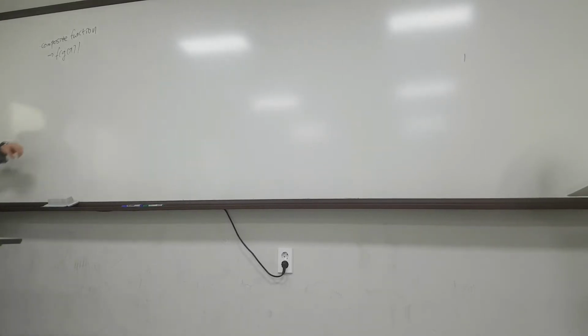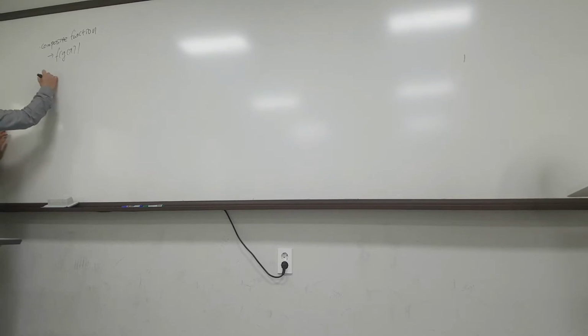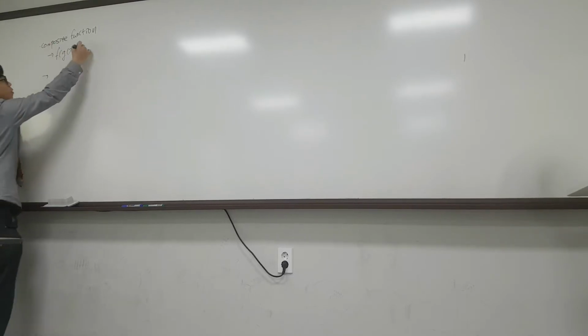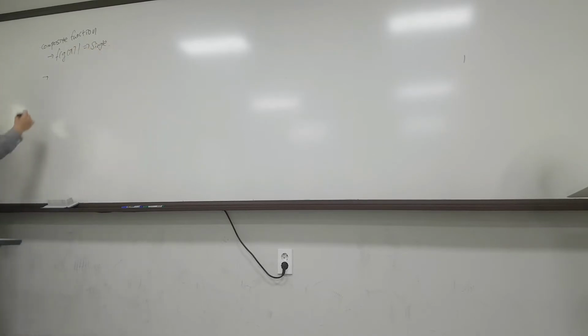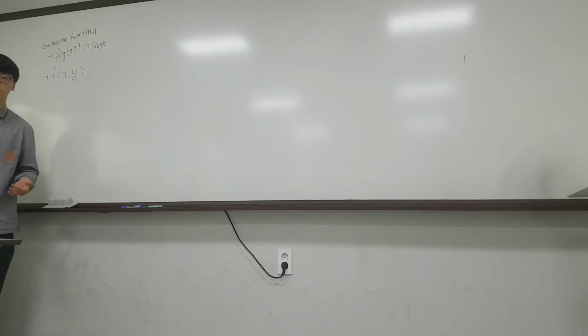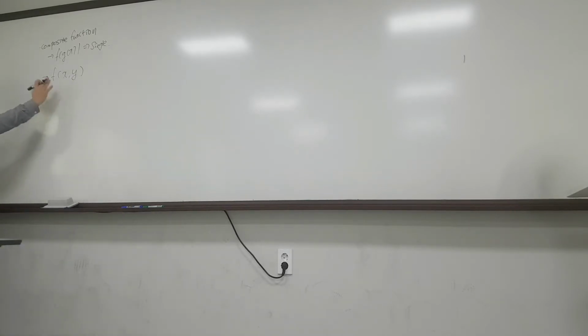For multivariable, let's say you have f of x and y. Now what can we do to make composite functions? We can substitute x and y with different functions, and these two functions can have different variables other than x and y.